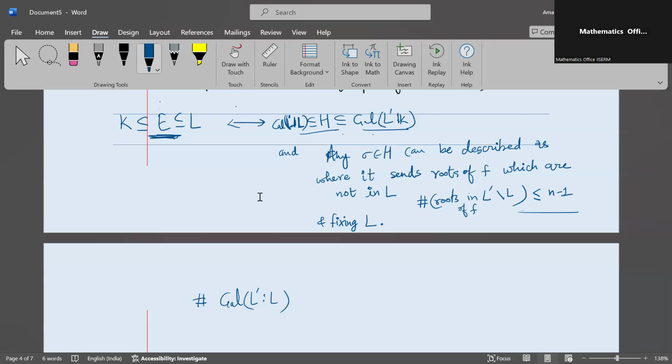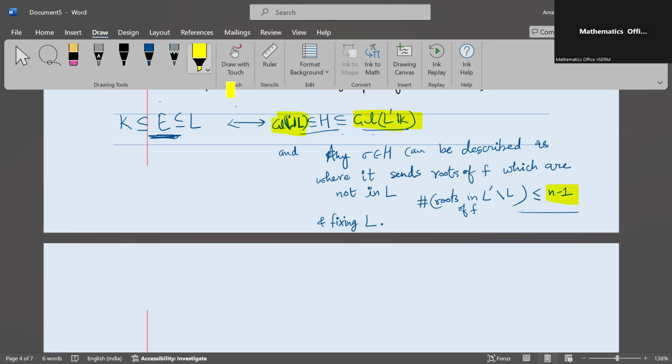So here, what I was saying is that those automorphisms of L prime which are fixing L are defined on these n minus one objects, and they are very few. So the number of subgroups between this subgroup and this subgroup is very small.